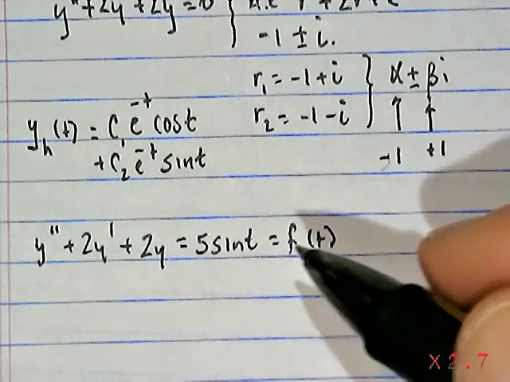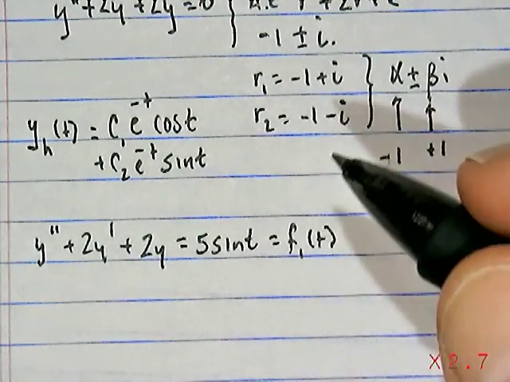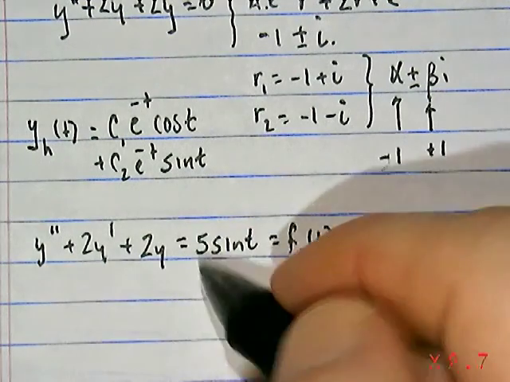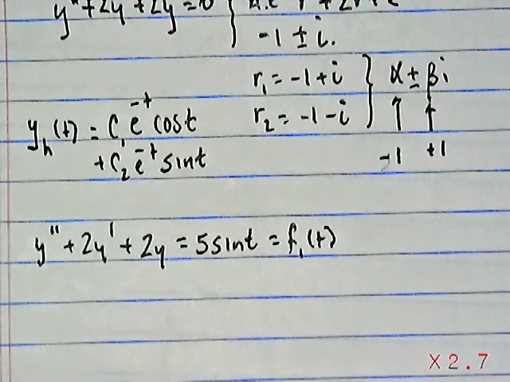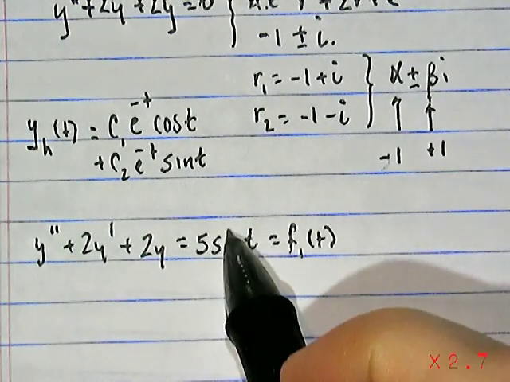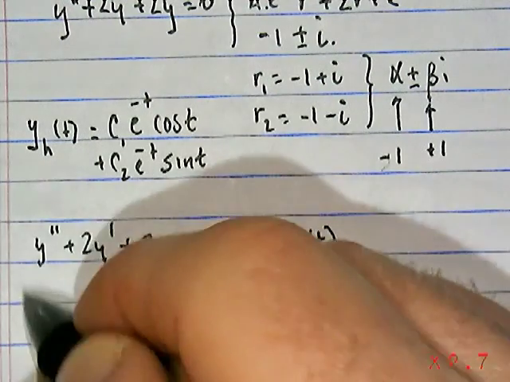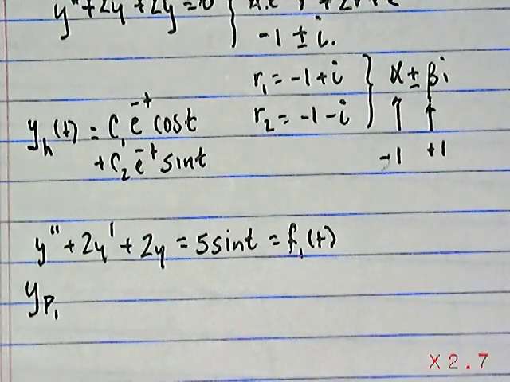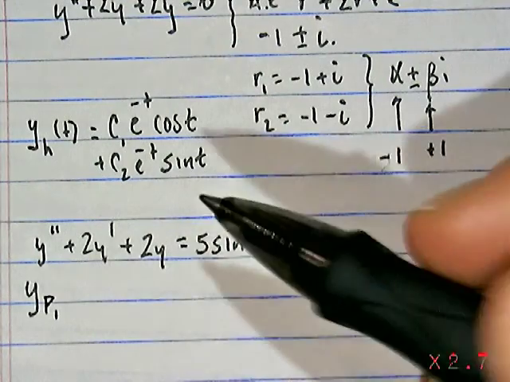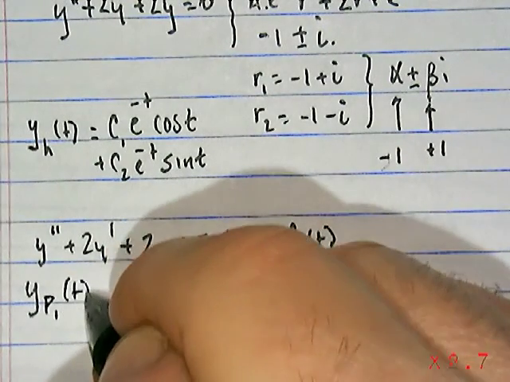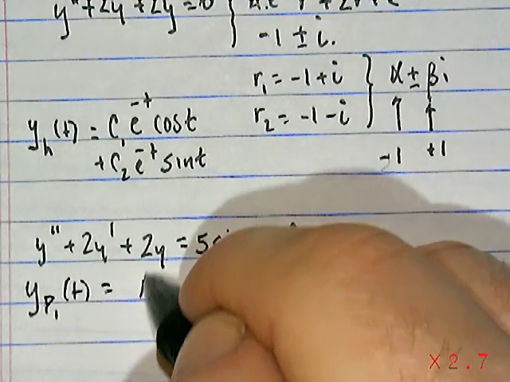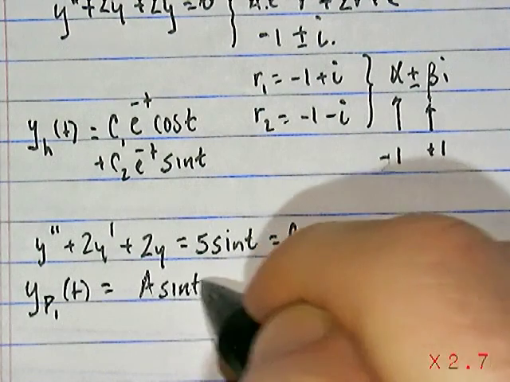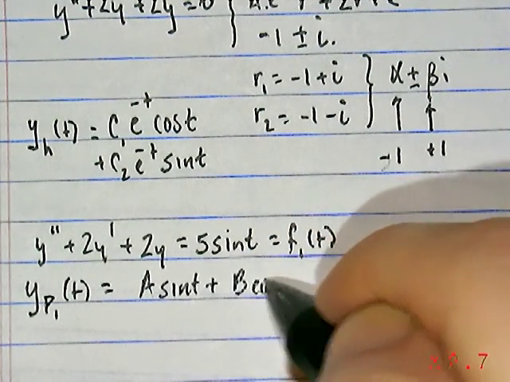And of course what we need to do is consider a particular solution for this, and of course we go back to our method of undetermined coefficients. When the right-hand side takes on a form of a constant times a sine, we should guess that our particular solution, let's call it y sub p1, so it's the particular solution of the first part, should take, just say a constant, we'll say A times sine of t plus B times cosine of t.